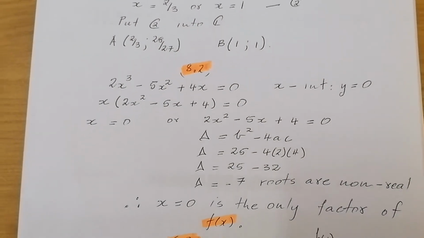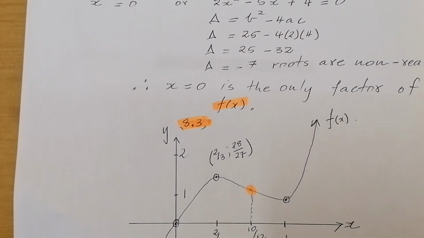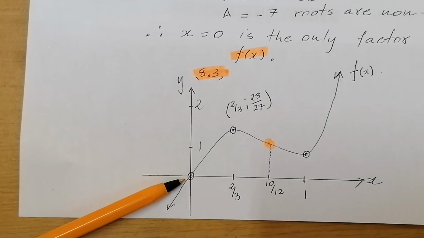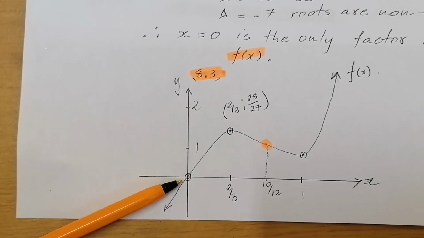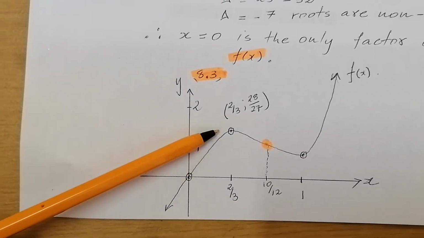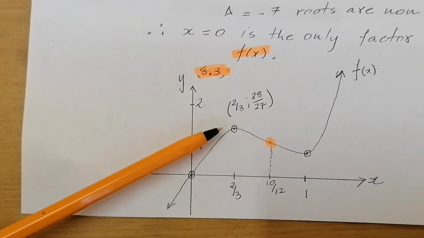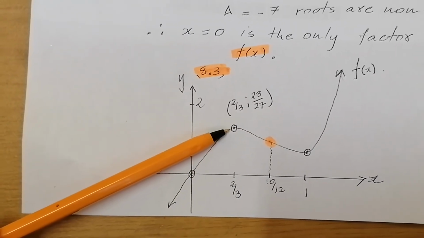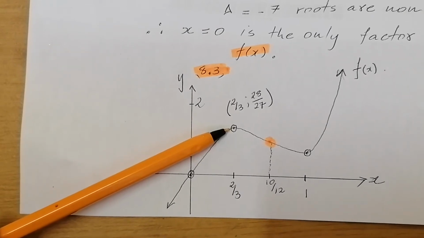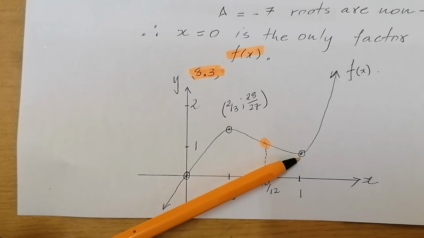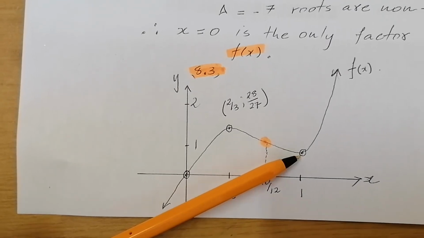Now, sketching the graph, there's your x-intercept, which is also the y-intercept. There is your turning point, and this one is known as local maxima. There is your local minima.